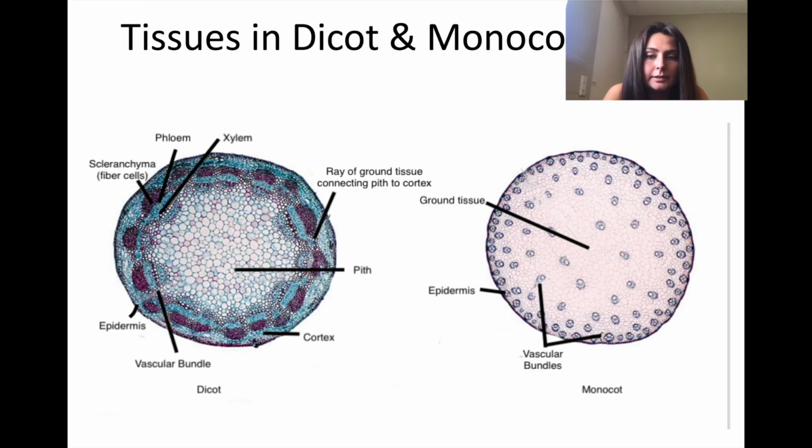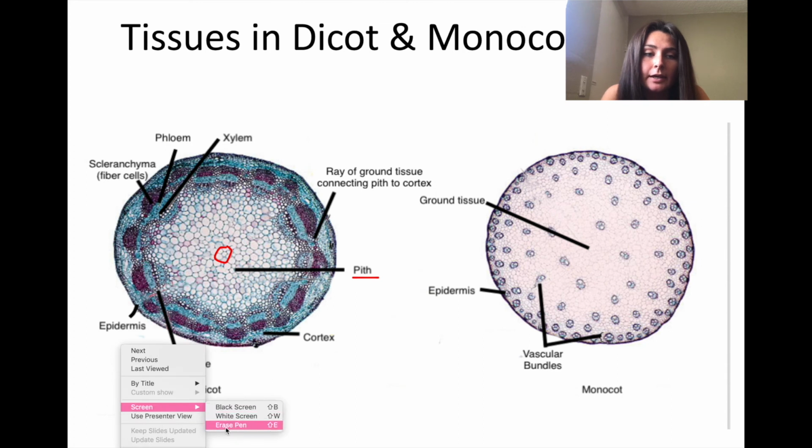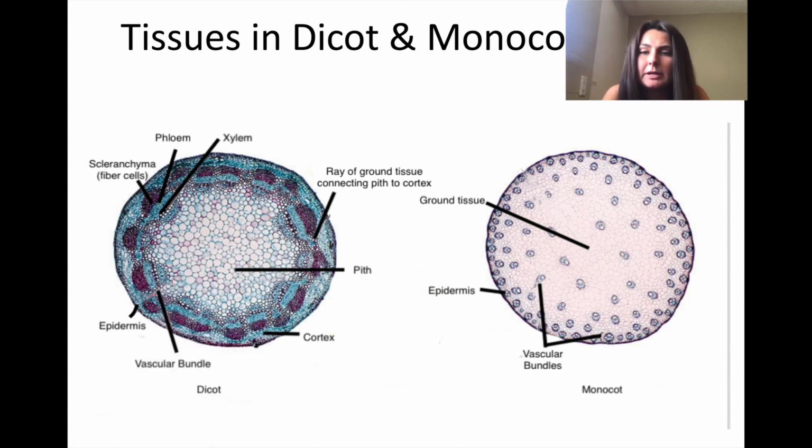The pith is in the center of the cortex in dicot stem cells, and it basically holds the starch and the water for the intercellular space. And in the middle of the vascular bundles is the pith, and basically the vascular bundles do not keep reproducing over life, they just keep growing, and inside the vascular bundles is the xylem and the phloem.